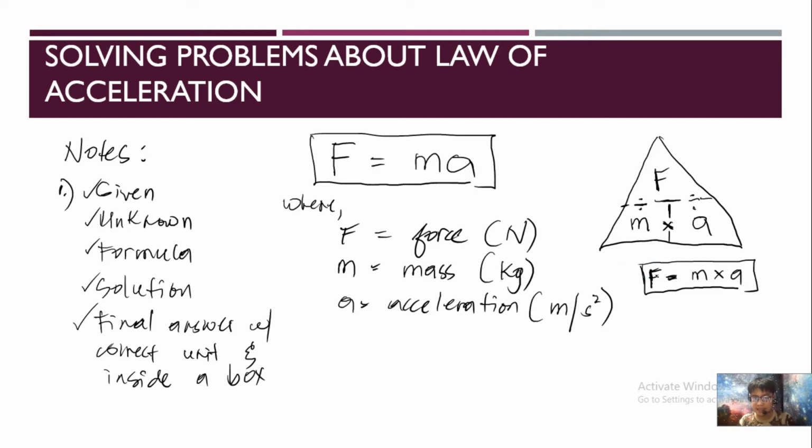You cover letter M, so the formula becomes M is equal to F over A. And if the acceleration is unknown, you cover letter A, and you see F divided by M. So we have here 3 formulas: if the force is unknown, mass times acceleration; if the mass is unknown, force divided by acceleration; and if the acceleration is unknown, force divided by mass.